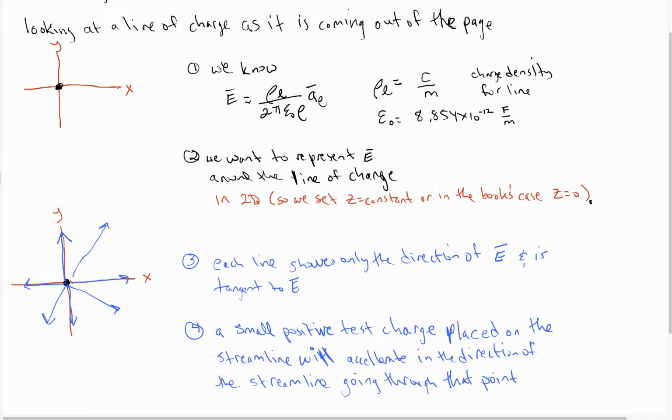But for now we'll just say that the direction of E is given by these lines, and these lines are tangent to the electric field. If we placed a small positive charge somewhere on this line, it would accelerate in the direction of the line.